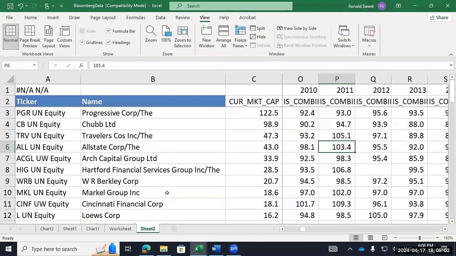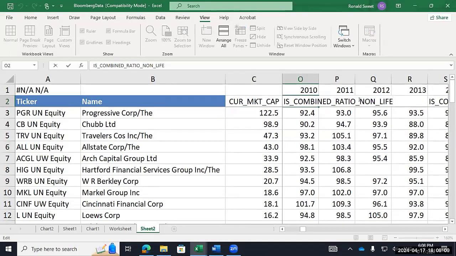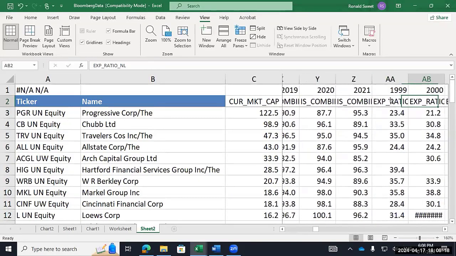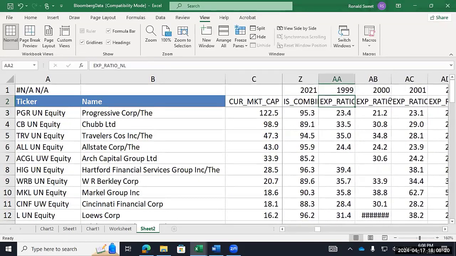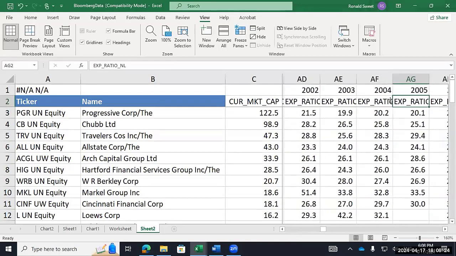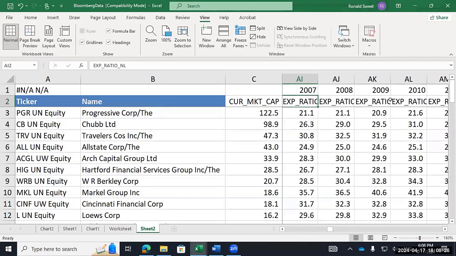Here's the Bloomberg function: IS combined ratio non-life, which is strange to me because there's no such thing as a combined ratio for life insurance. So why they say non-life, I don't know. But if you know these, you can bring those in. There's the expense ratio, non-life again. Life insurance does have expense ratios.